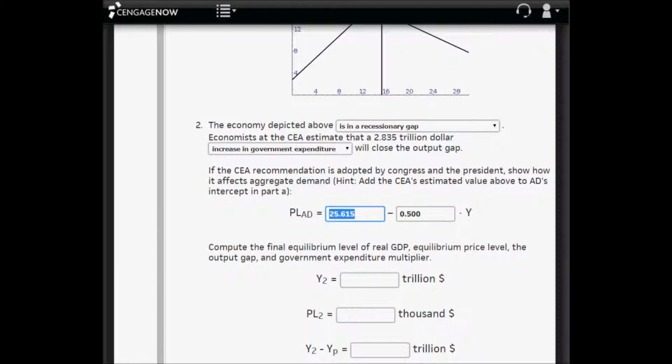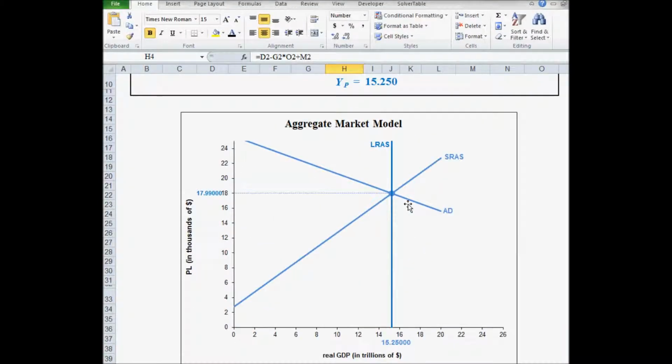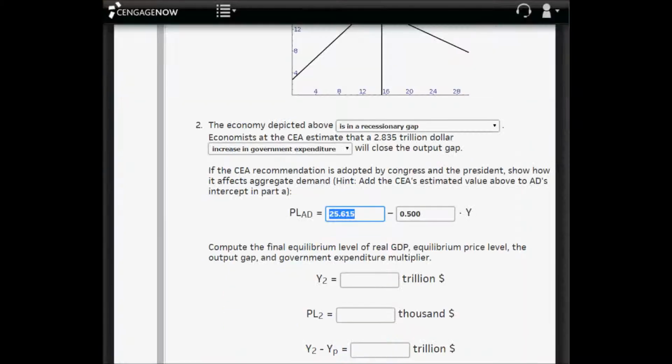Now we're going to use the diagram that Excel produces to get the new equilibrium. Notice that the increase in government expenditure shifts aggregate demand to the point where short-run aggregate supply and long-run aggregate supply all intersect. So the equilibrium level of GDP is equal to potential GDP.